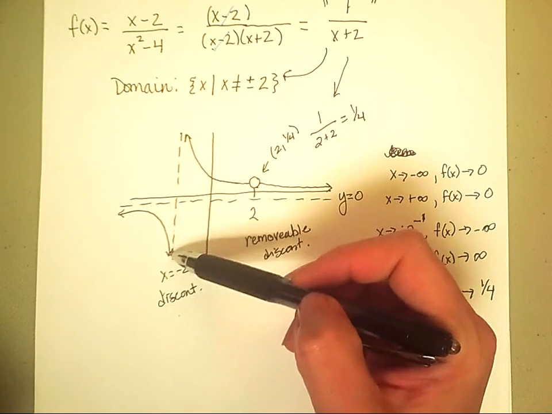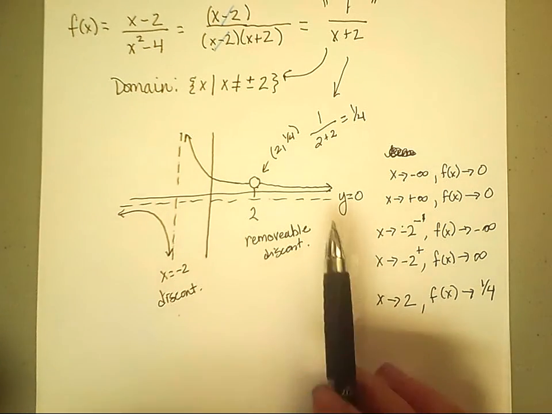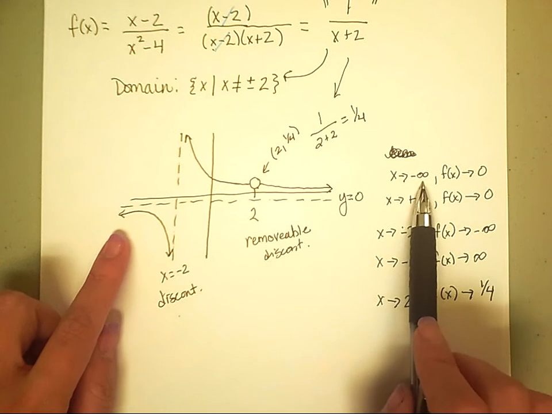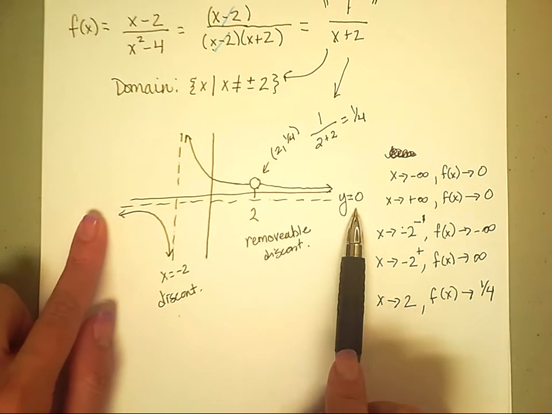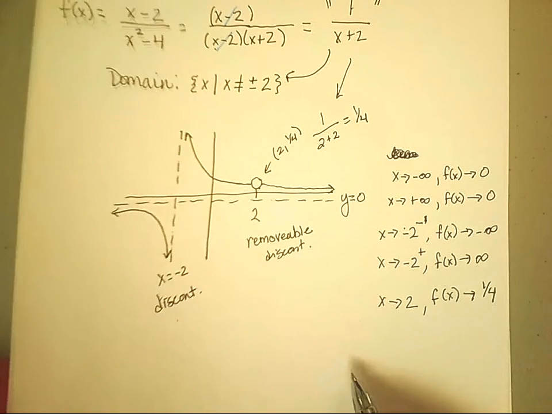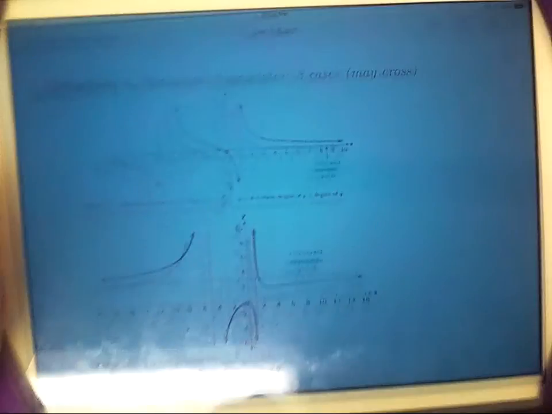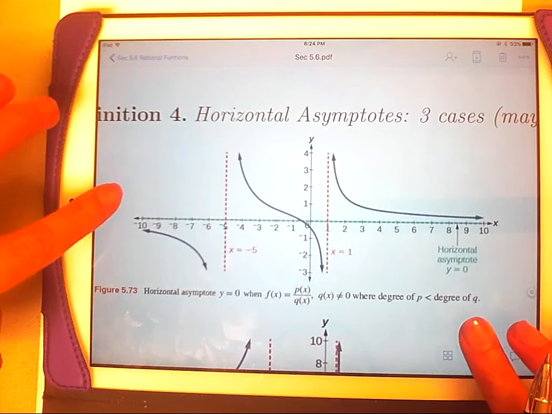Now, asymptotes that are vertical can never be crossed. Horizontal asymptotes, when we're talking about them, we're really talking about what happens when x gets extremely large or extremely negatively large. So in that case, we're actually going to get 3 different cases. Let me show you 3 different cases. Here's an example of one of them.